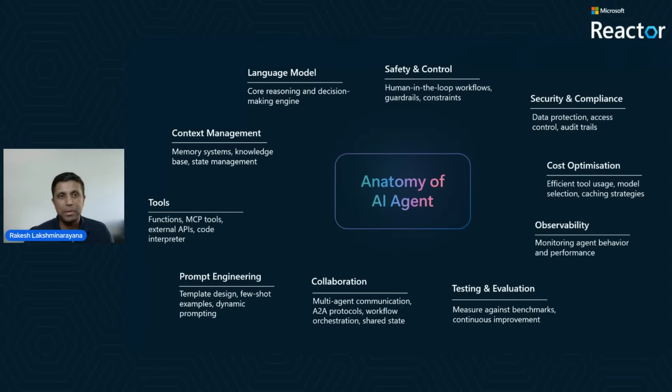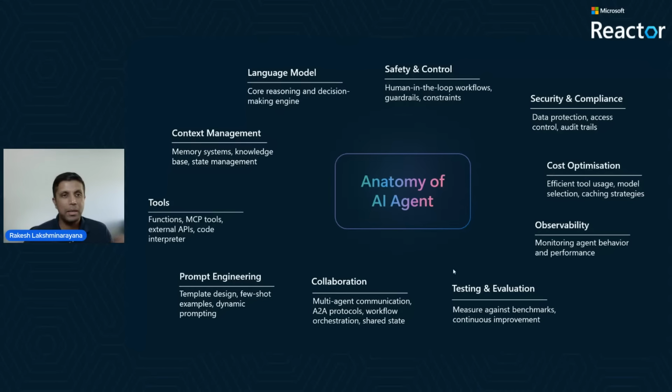So you need strategies in place, such as selecting the right model for the right task, keeping the context lean, and also caching the tool responses so that you avoid redundant calls going to your servers or tools. Observability is also one of the key requirements. You need to have full traceability of the agent's actions: what was in the context, what tools were called, and what responses were generated. This is critical information that you would need for debugging and also improving the agents over time.